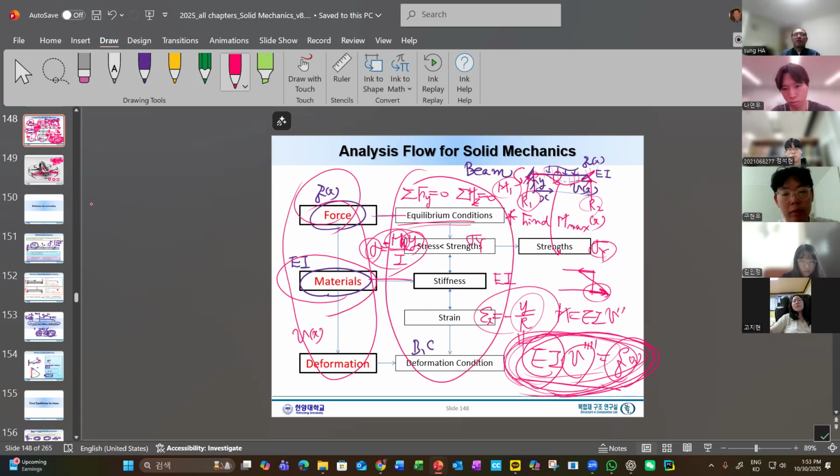Now, to solve this one, I repeatedly emphasize: to solve the equation, what do we need to have? We need to have boundary conditions, right? To solve the differential equation, mathematically, I'm sure you learned how to solve that in engineering mathematics. The most important is the boundary condition, right?